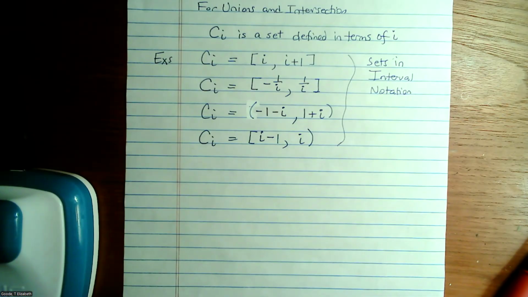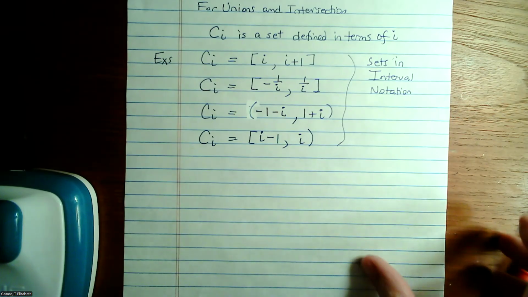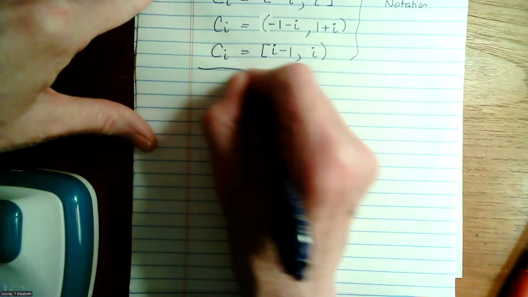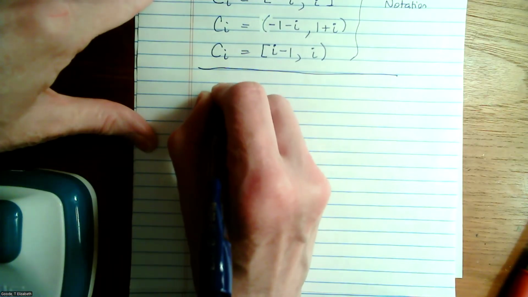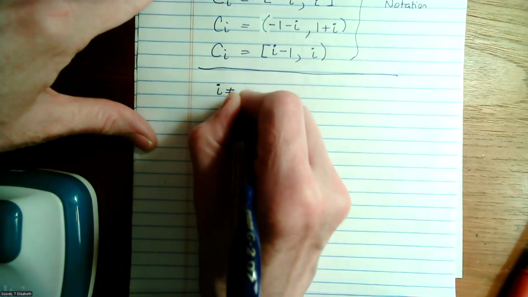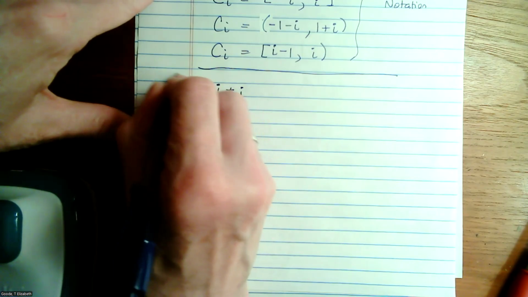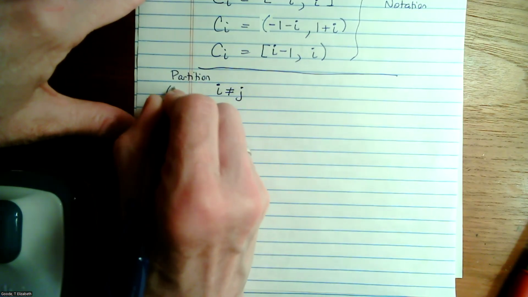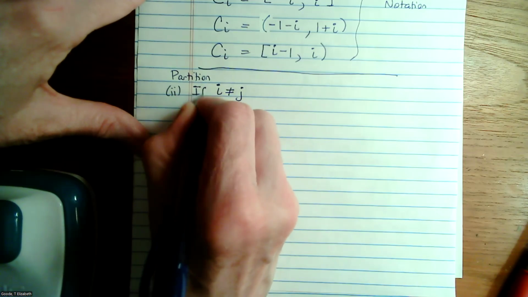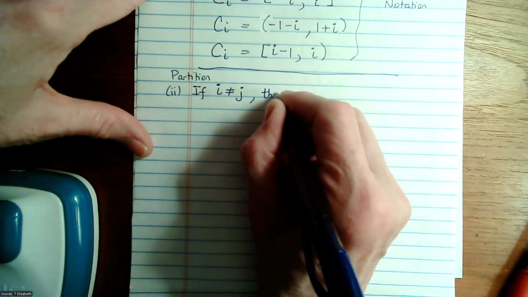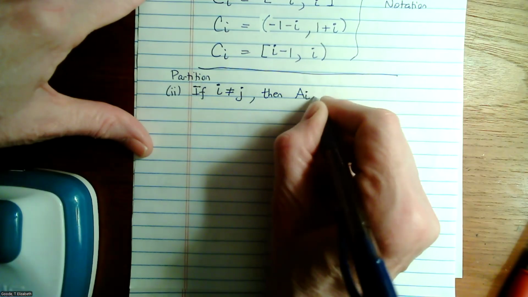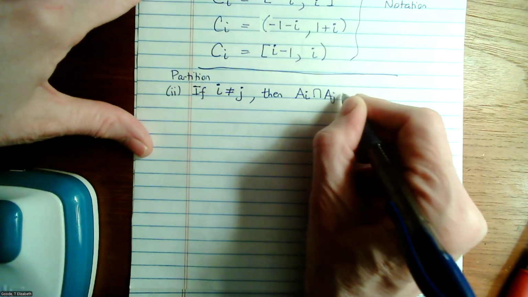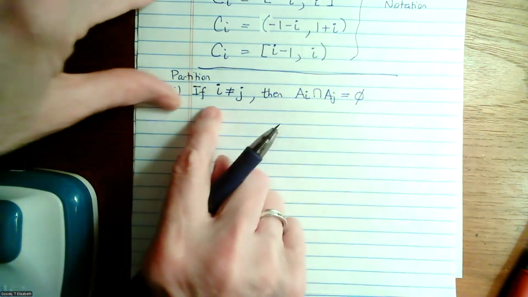When you were discussing partitions earlier and you used A sub I is not equal to A sub J, that would be two different sets and their intervals. Yeah, when we say I is not equal to J, in the partitioning part 2 definition, we could say if I is not equal to J, then we want A sub I intersect A sub J to equal the empty set.